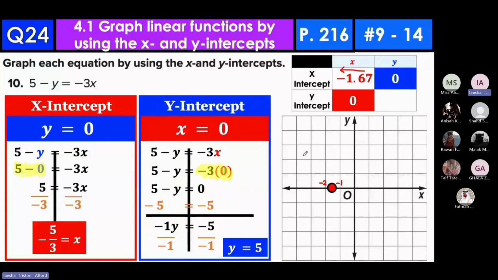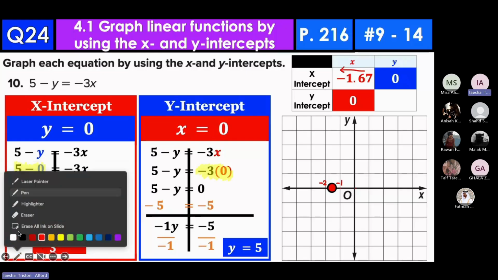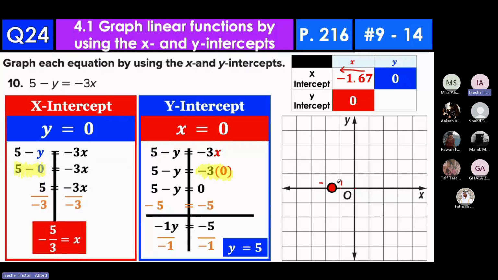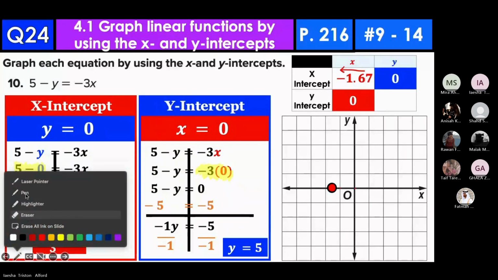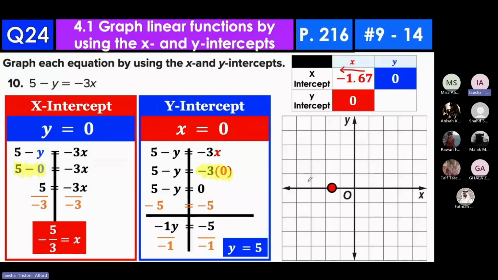It does not have to be exact, just make sure it's between. After you put it between, make sure you write the ordered pair. So write the point: negative 1.67 and 0, so that it's clear.